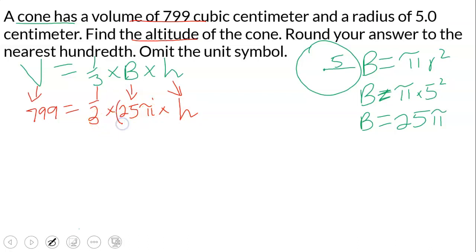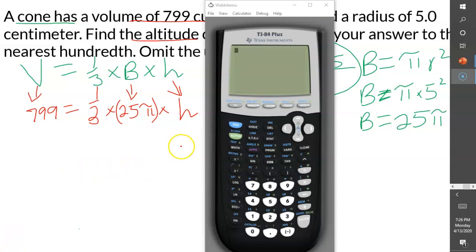I'll just put those two parentheses there. You can either multiply 1/3 times 25 pi, which is the same thing as 25 pi divided by 3, and then divide both sides by what you get. Or you can multiply both sides by 3 to get rid of the fraction, which is what I like to do. Sometimes fractions mess us up, so I like to get rid of the fraction first.